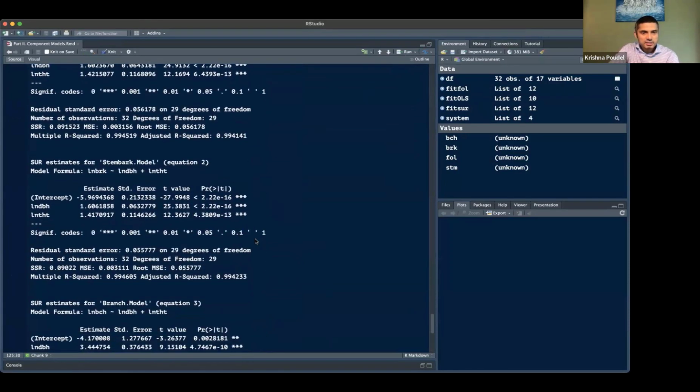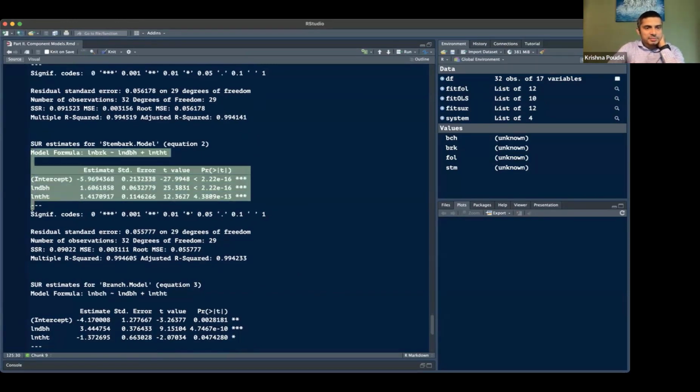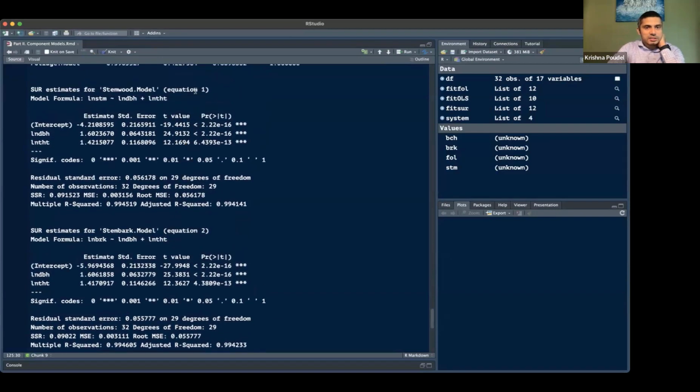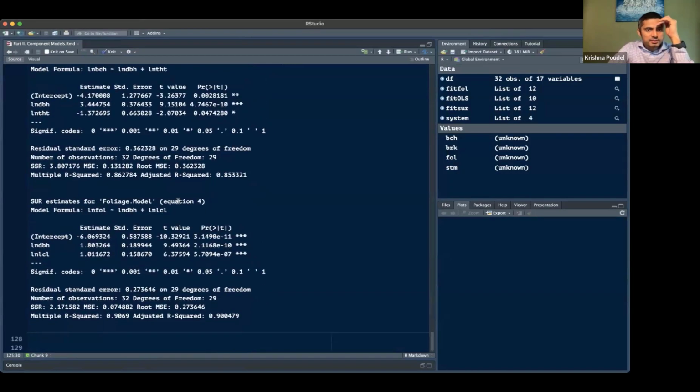And so on, we get all these parameter estimates, which are the same as if we were fitting a simple multiple linear regression, but we have it for multiple models. So this is equation 2. Equation 1 is the stem wood model. Equation 2 is the stem bark model. Equation 3 is the branch model, and equation 4 is the foliage model, and so on.